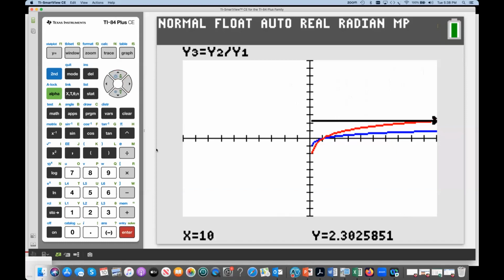I think that might be exactly where the two graphs cross. Oh, the red graph is actually the common log? Or is that, I forget which one. Let me cycle through. The red one was natural log. Oh, look, it has exactly the same value.